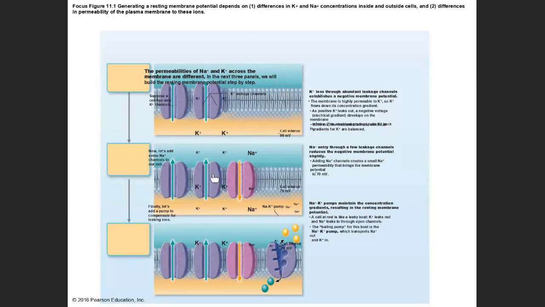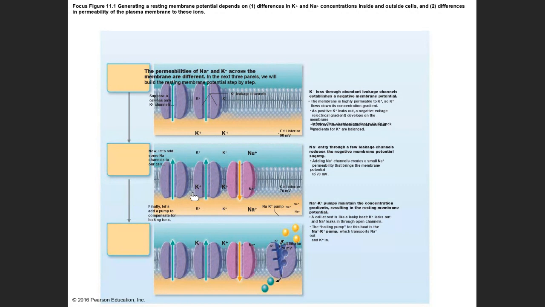The second one down here is trying to illustrate that, yes, we do have more potassium leak channels in the membrane compared to sodium leak channels. All right, it's showing here's 2 for every 1 sodium channel maybe. All right, so again, at the end of the day, we're having more potassium leave the cell through potassium leak channels compared to the amount of sodium that's coming in through sodium leak channels.